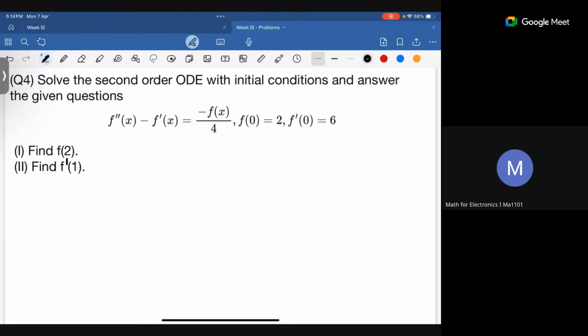For that, firstly you should solve the second order ODE and get f of x first. Then we can find f of 2 or f prime of 1 or whatever.